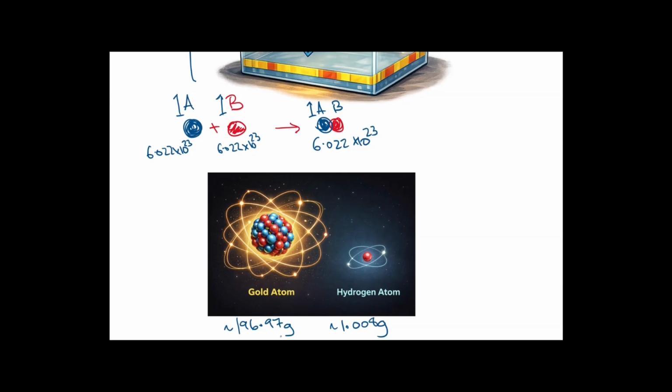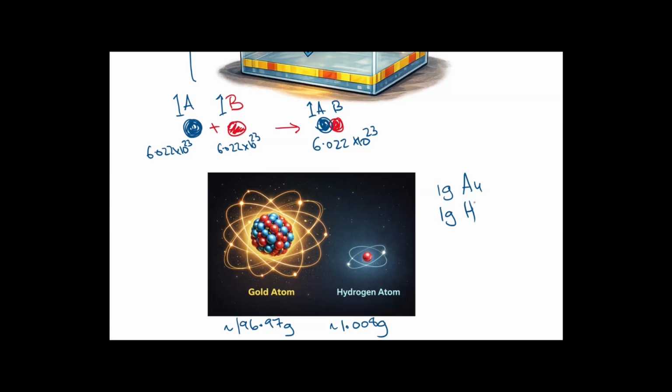So it would make absolutely no sense if we were trying to do these things by mass, as if we had 1 gram of gold and we had 1 gram of hydrogen. We're going to run out of the hydrogen way, way sooner than we run out of the gold.